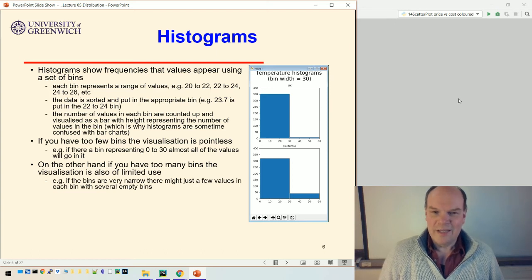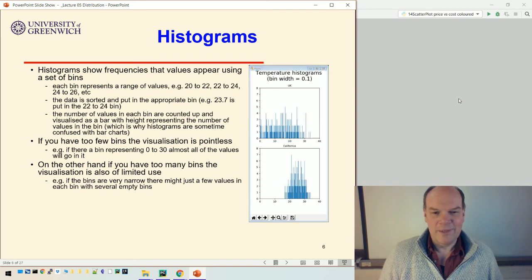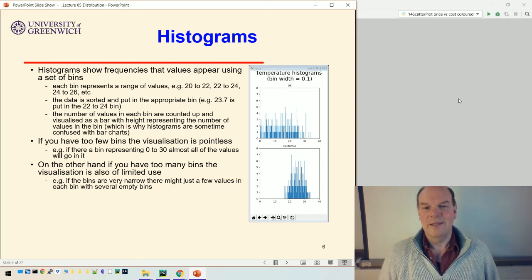On the other hand, if you go the other way and have lots of tiny bins, that's also of limited use. You end up with something like this, where you have just a few values in each bin. I think the most you see in the UK is 5 values in a bin, because they're all too narrow. The bin width is 0.1, so you're only getting 5 values in a bin maximum, and mostly just 1.